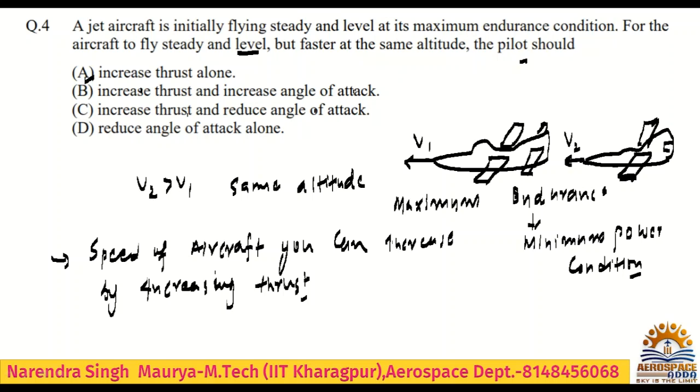Otherwise it will try to climb, which is the climbing condition, gaining altitude, so it will not be a steady level condition. The aircraft should stay on the same altitude.